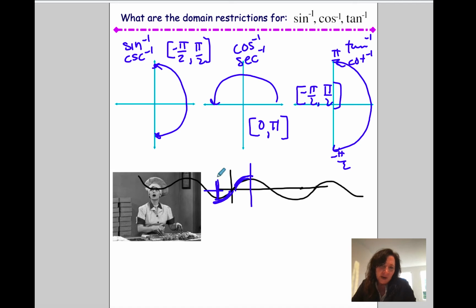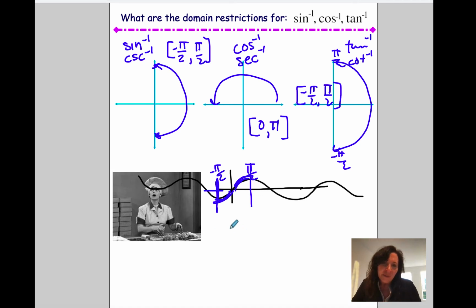So this right here being negative pi over 2, and this value being positive pi over 2, if I have my restricted domain right there, that accounts for all the negative values and all the positive values, okay?